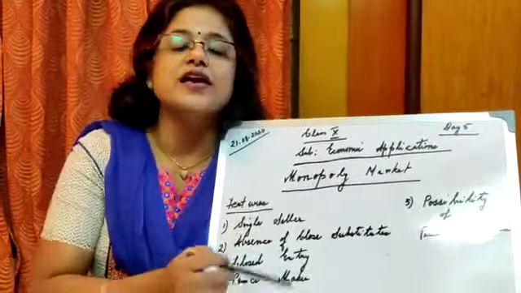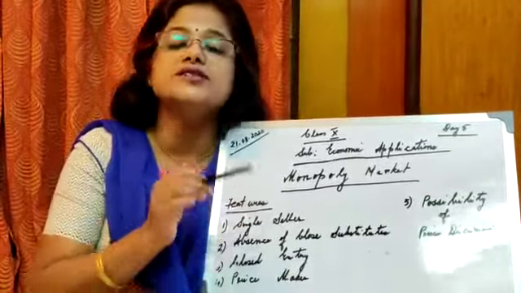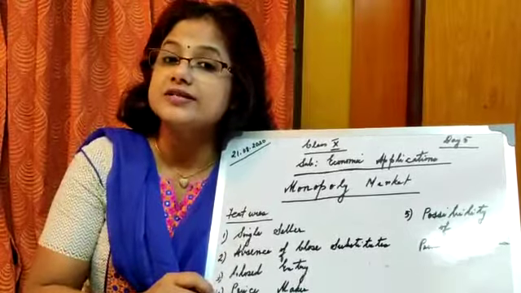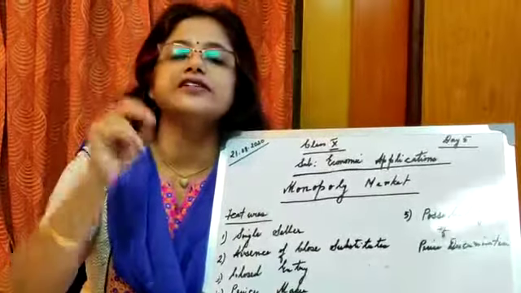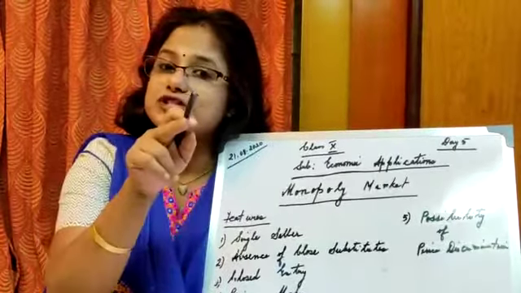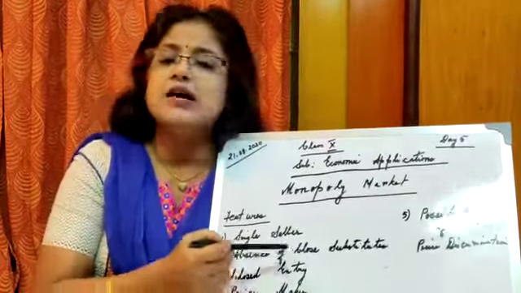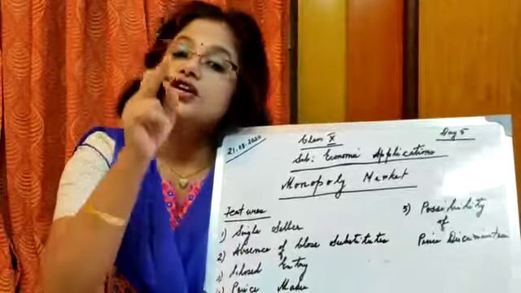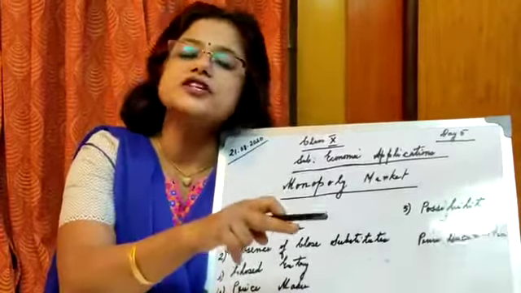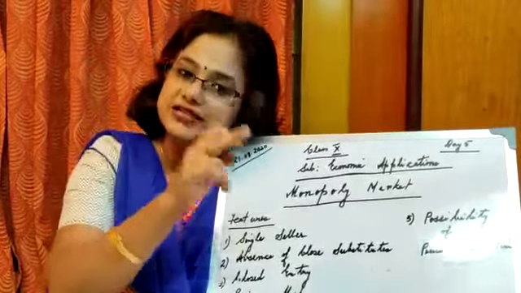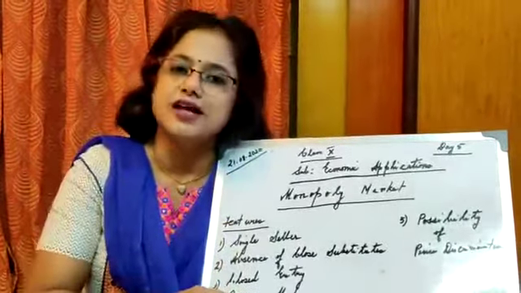That is why the monopolist always earns supernormal profit. Supernormal profit means that revenue is greater than cost. In perfect competition, what you saw was normal profit. So the monopolist always enjoys supernormal profit both in the short run and in the long run, because in the long run a single firm constitutes the industry.